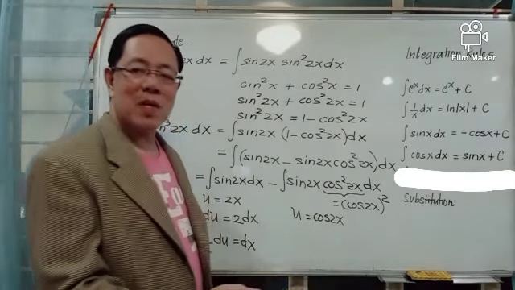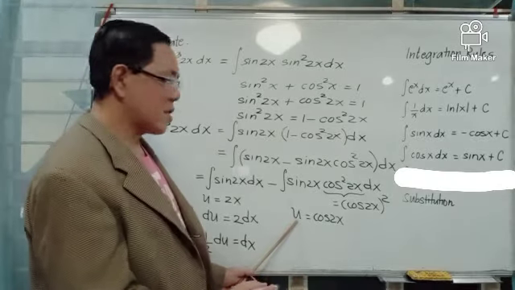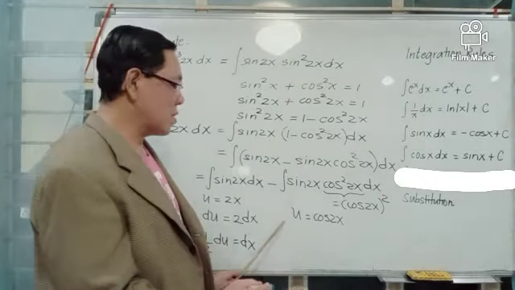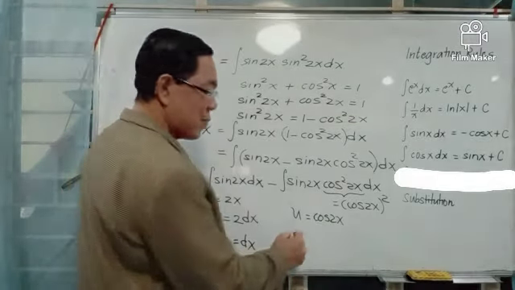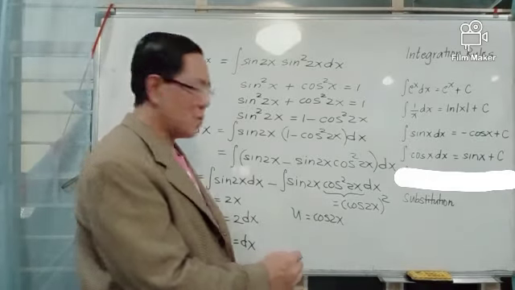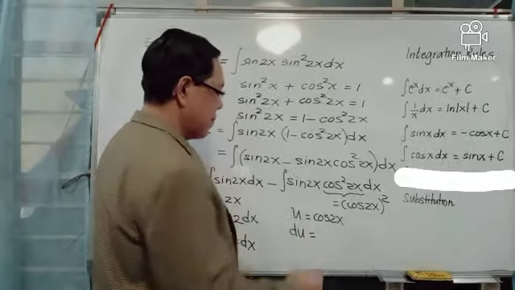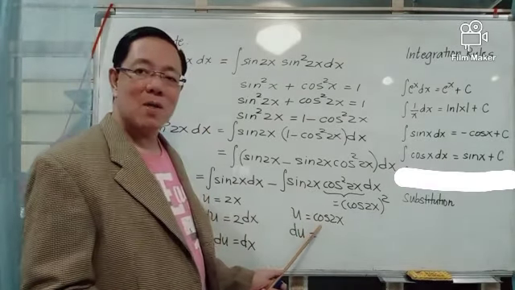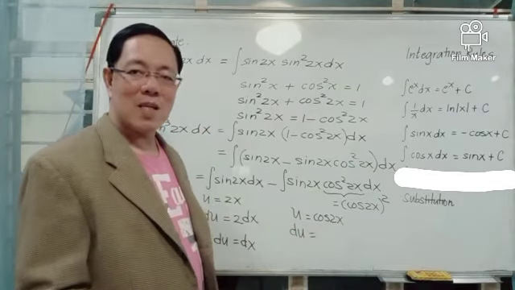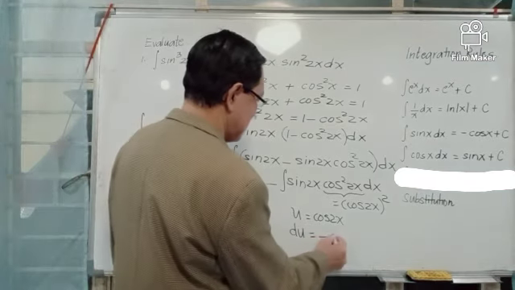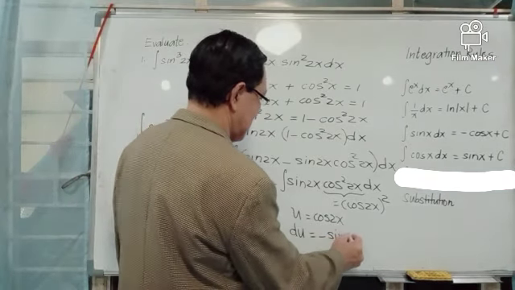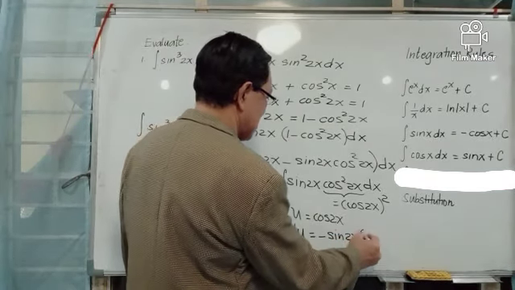And we differentiate both sides. The derivative of u with respect to u is 1, multiplied by du is du. And the derivative of cosine is negative sine 2x.